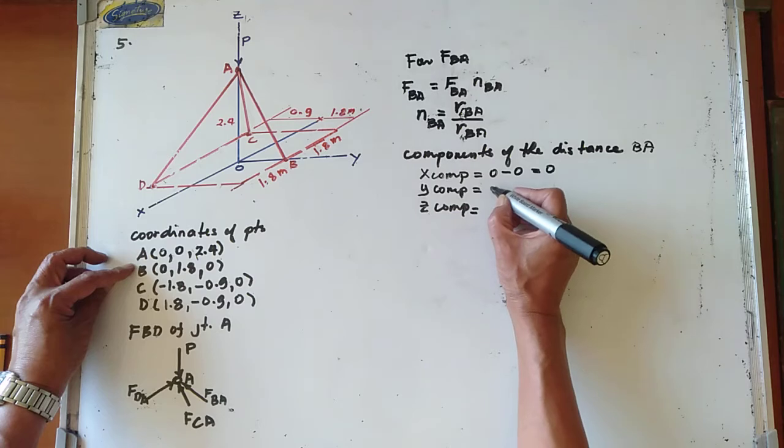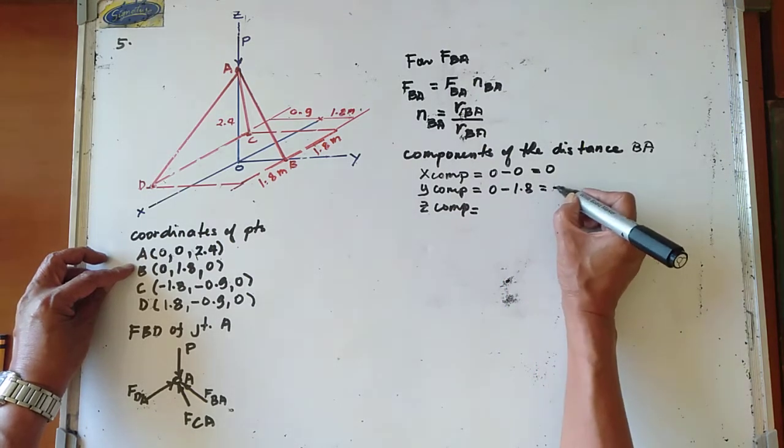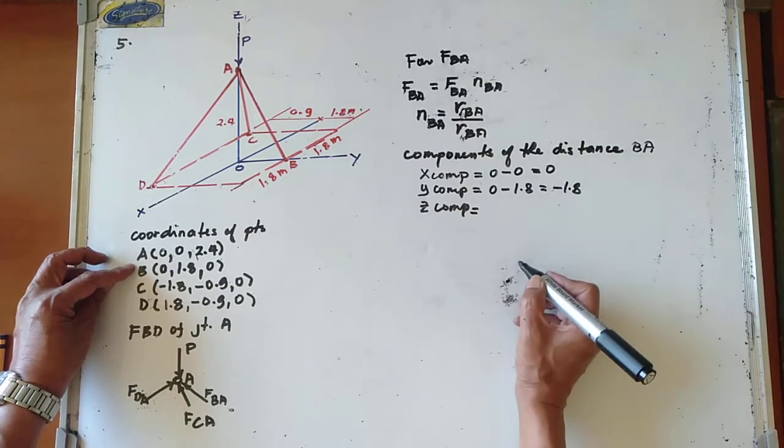The y component is 0 minus 1.8, which is negative 1.8.